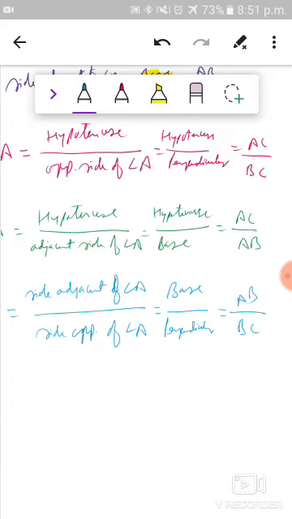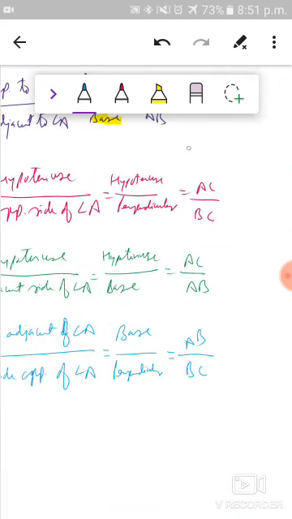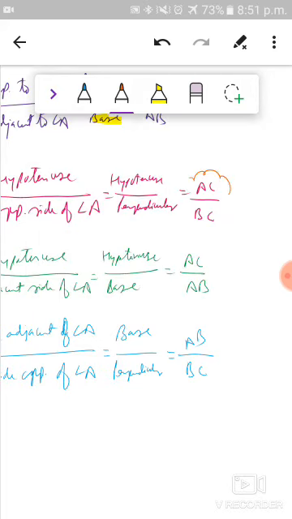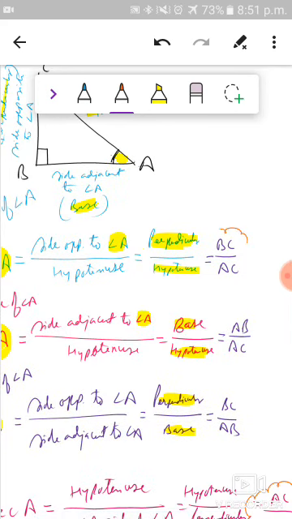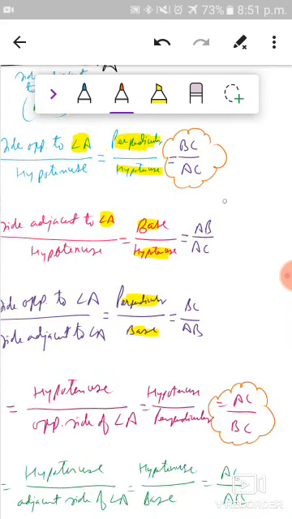Now look very carefully at what I am saying. This is AC by BC, right? And here, this is BC by AC. So these two are reciprocals of each other.